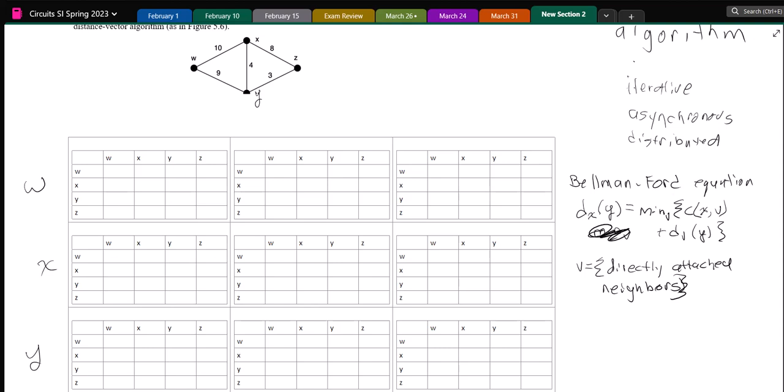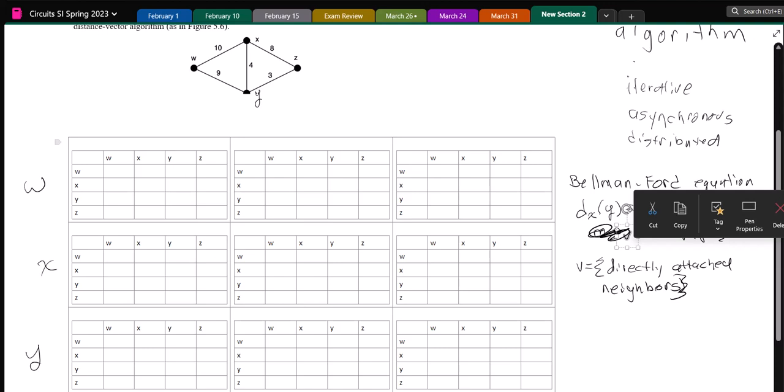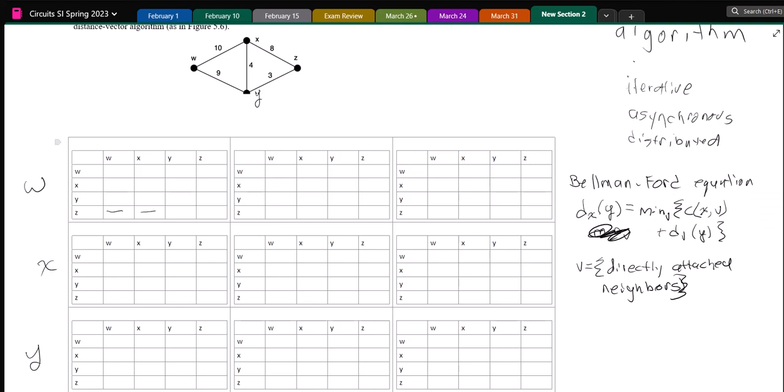And if you're not a directly attached neighbor, you are never going to fill in that row on your table. So for example, for W, its only directly attached neighbors are X and Y. And so W is never going to have a row on its table for Z, because W only talks to its directly attached neighbors.